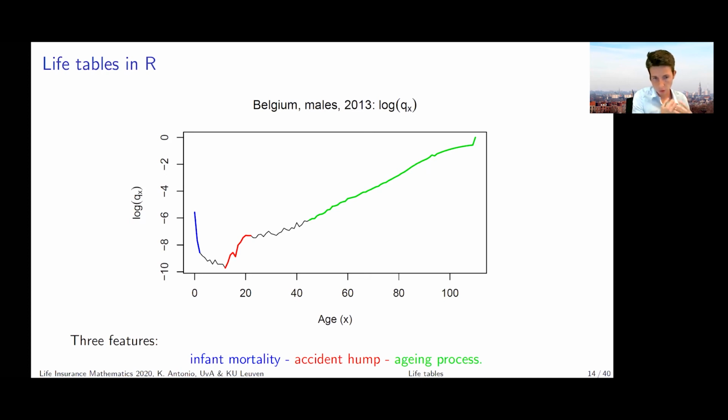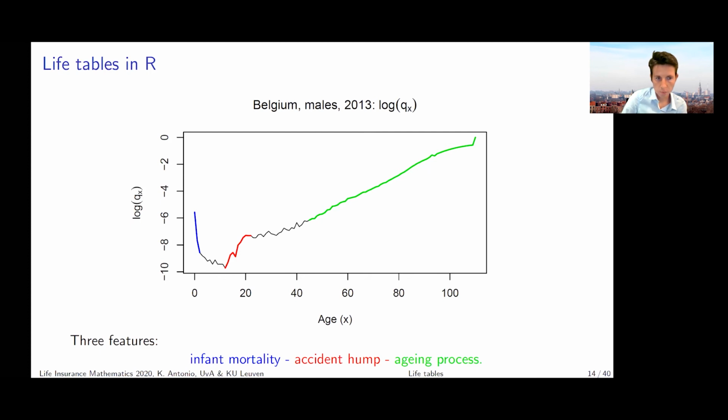So this is a local increase in the mortality rates because of, to frame it that way, the dangerous behavior or the more risky behavior, I should say, of young men around the age of 18, 20, which is very noticeable in the statistics with this local increase. And then, of course, you see the aging process where the qx increases when you become older, okay?